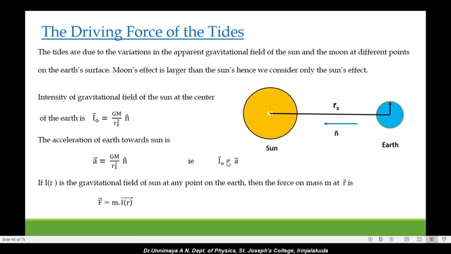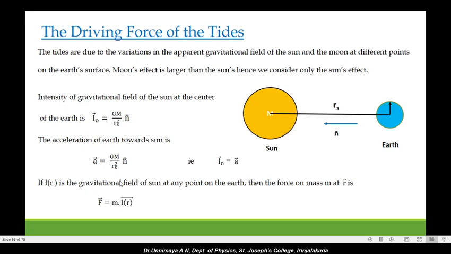Since A is equal to I0, here A is replaced with I of r, since we are considering the gravitational field of sun at any point on the surface of earth. Here r is the radius of earth, so that I is represented as I of r.